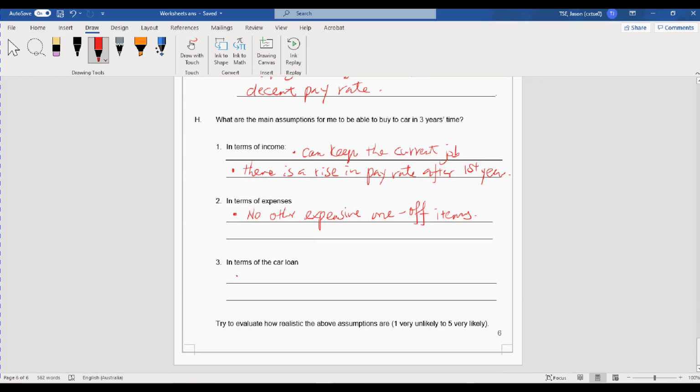So for the car loan, the main assumption is you will be qualified for the loan deal.